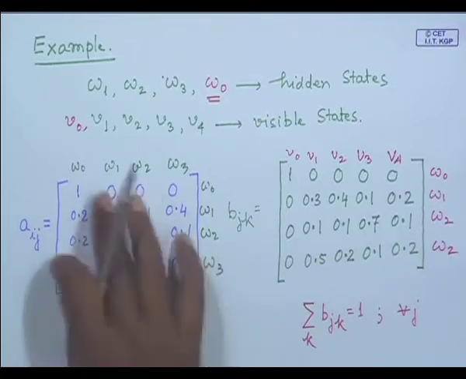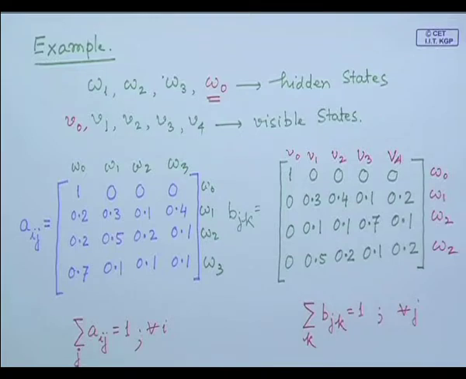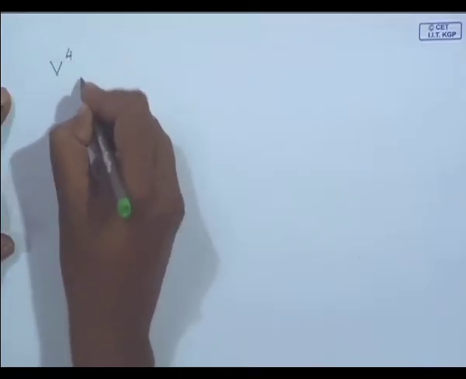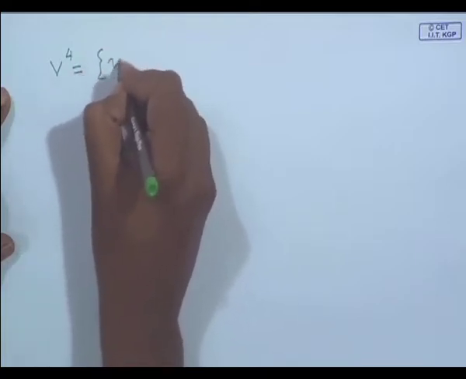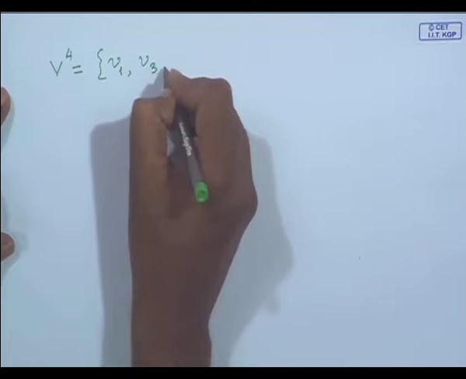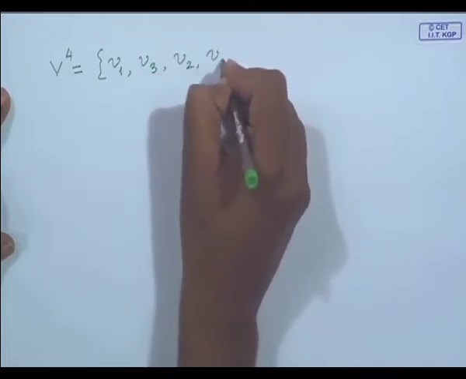Okay. Now, given these transition probabilities, my problem is that if we are given a sequence of visible states, what is the probability that that sequence of visible states is actually generated by this model theta. Okay. So, for that, let me take a sequence of visible states. Say we have a sequence of 4 visible states V 4, which is given by V 1, V 3, V 2 and V 0.